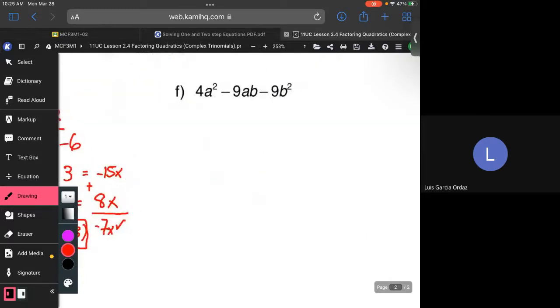So we have 4a squared minus 9ab minus 9b squared.